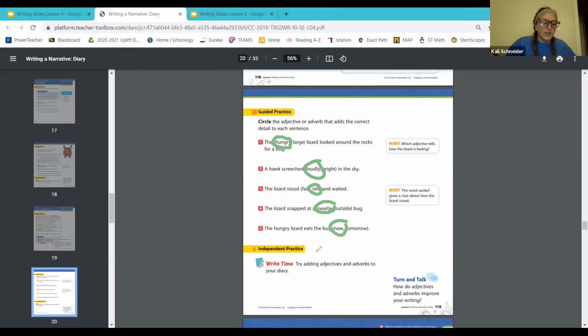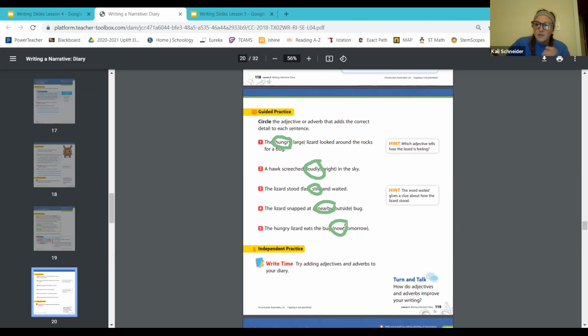So I want you to quickly look at the word choices. Are these words adjectives or adverbs? I see hungry is describing how he's feeling. I see loudly is describing the screech, which is an action. I see still is describing how he stood, and that's describing action. Nearby describes how he snapped, right? That's an action. And then now is when he's eating, right?